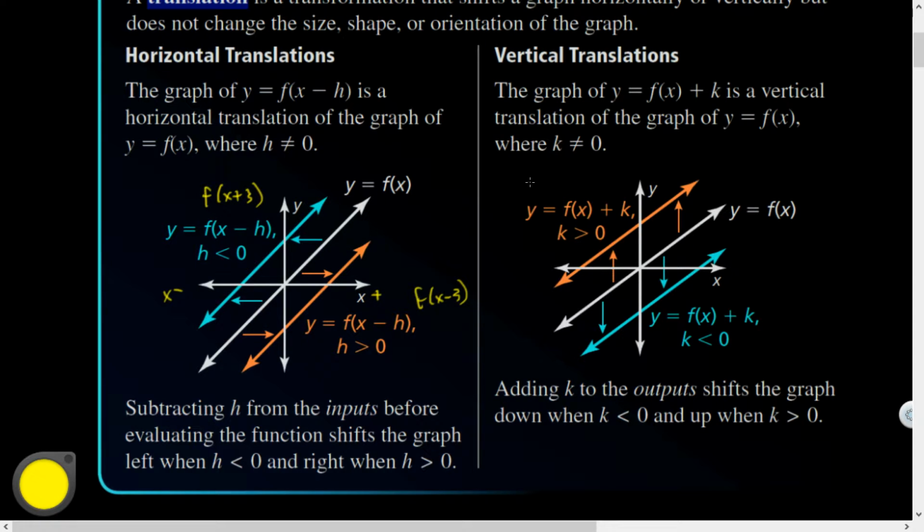So if I have f of x plus 2, it would have shifted the graph up 2 units. And if I have f of x minus 2, it would shift the graph down 2 units. So adding k to the outputs shifts the graph down when k is negative and up when k is positive.